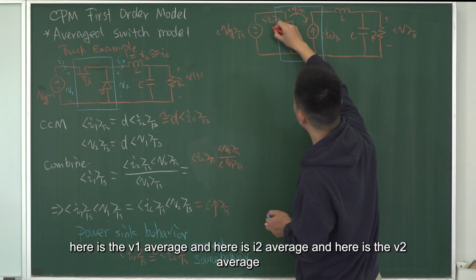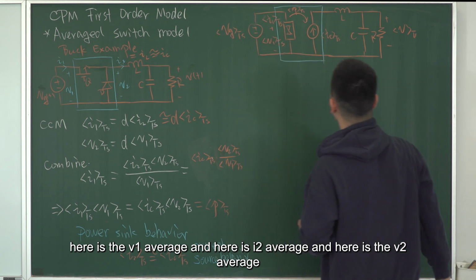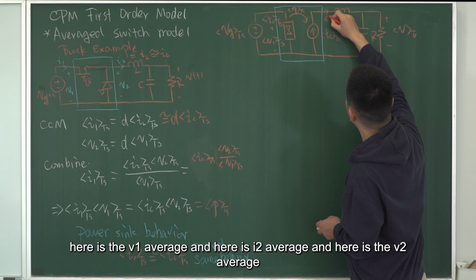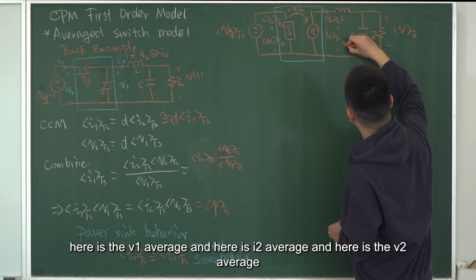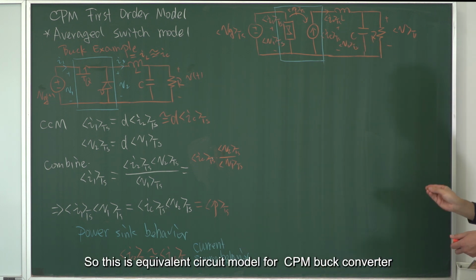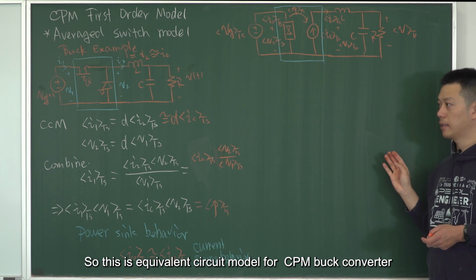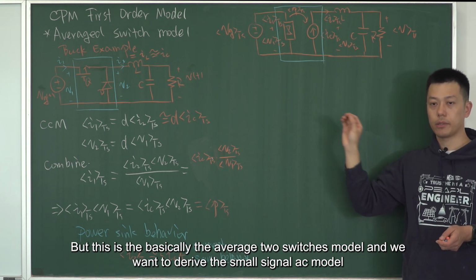Here is the V1 average, here is the I2 average, and here is the V2 average. So that's the equivalent circuit model for the CPM buck converter.